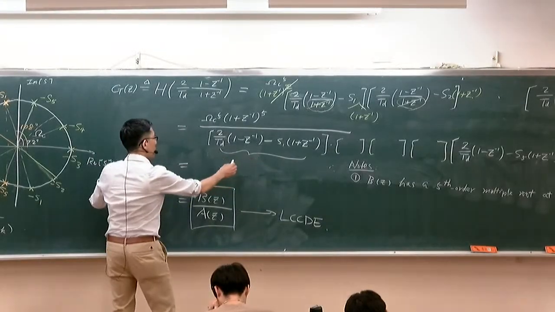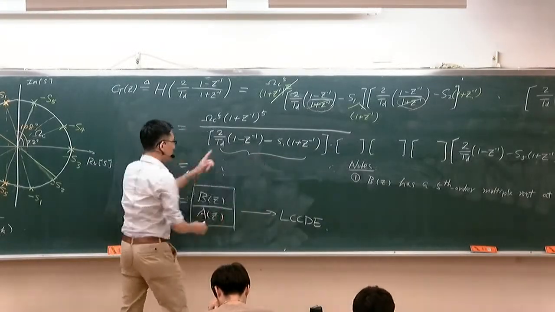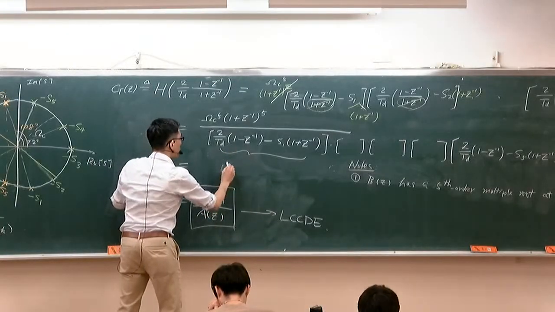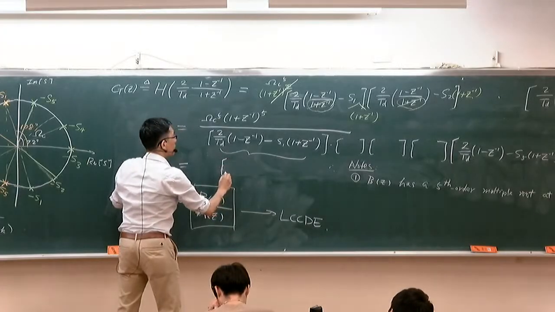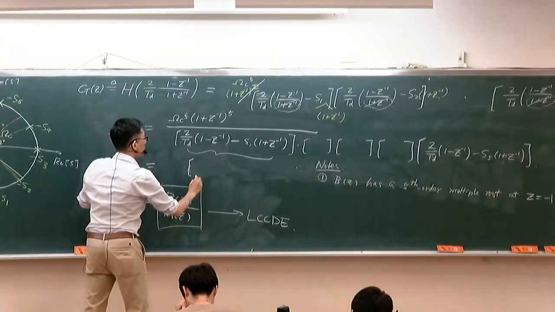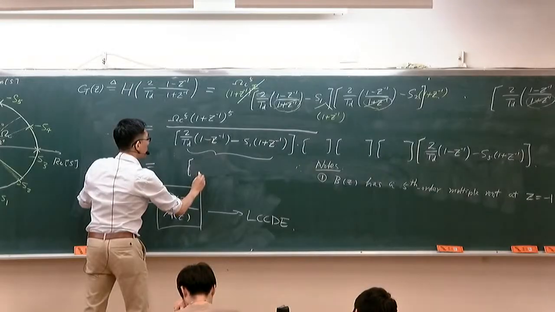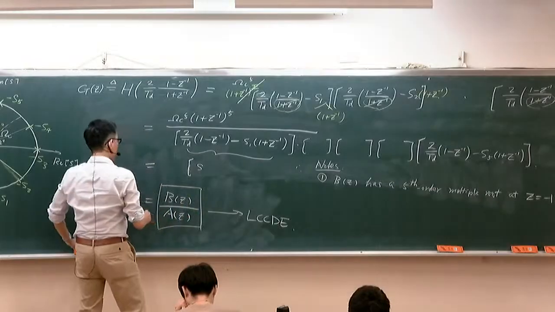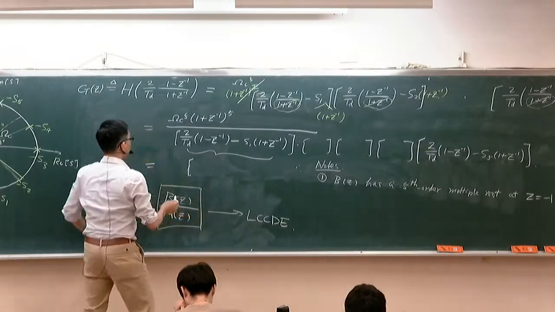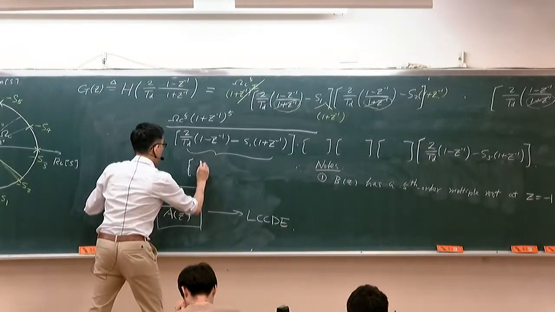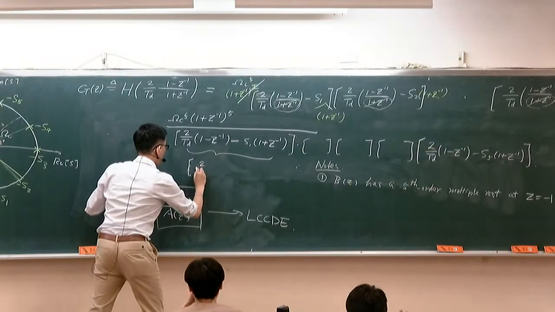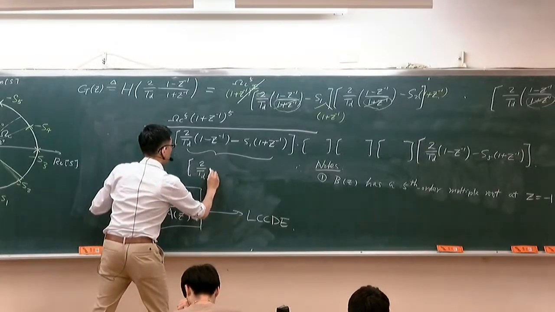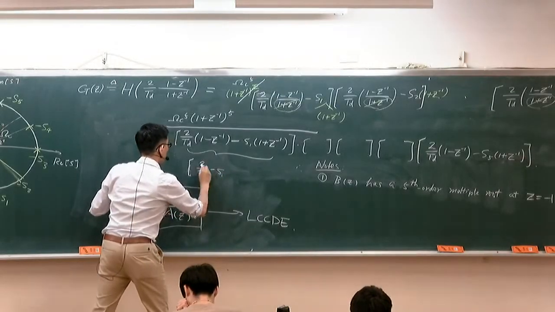If we just expand, do the expansion, what do we have? The constant part is 2 over TD minus S1.